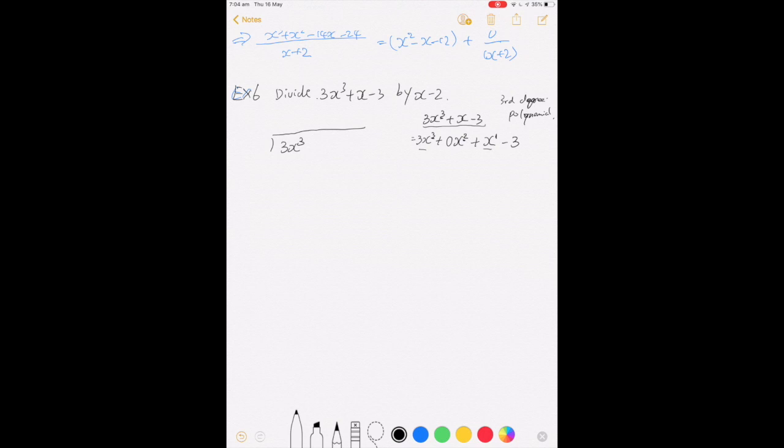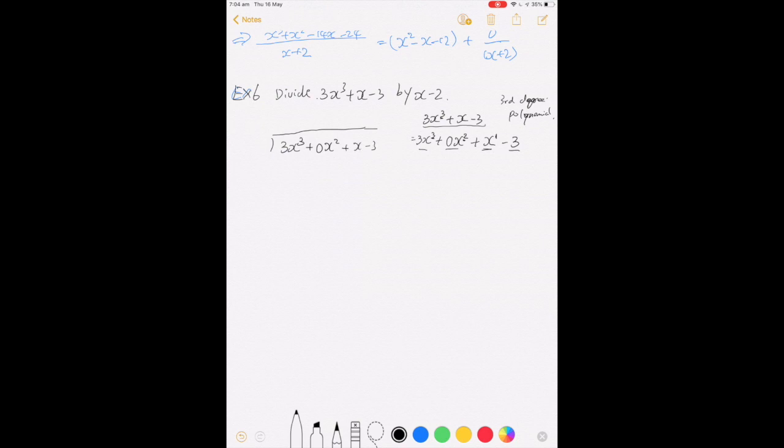Make sure you have every single power in order from the biggest to the smallest. So when you write the dividend, make sure you have that missing x squared term.